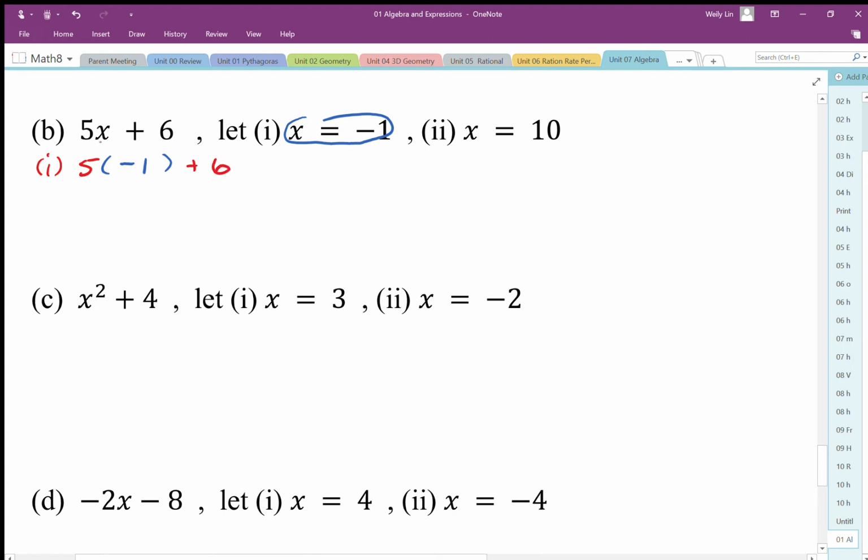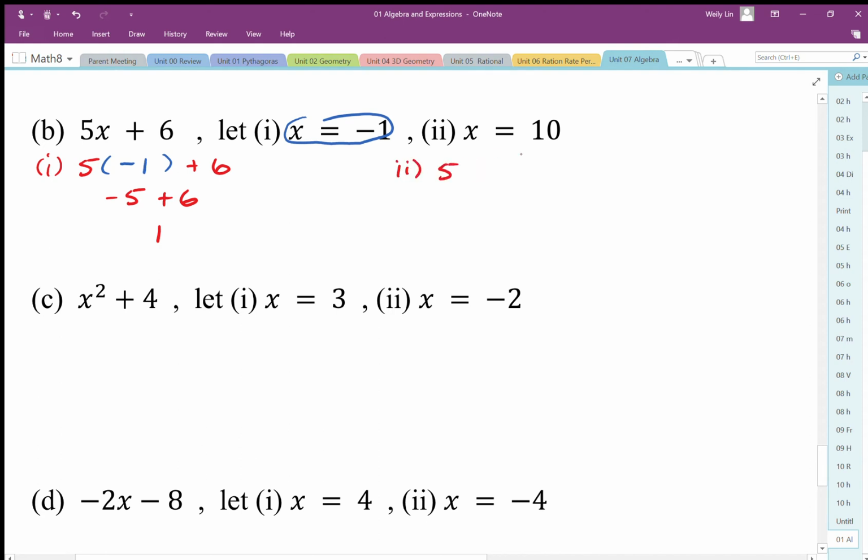So now I've got my variable expression. I've defined the variable as x equals negative 1, so then I replace the x with negative 1, and now I can do my calculation. So negative 5 plus 6, it's negative 5, I go to the right, I'm going to end up with positive 1. And again, I'm doing all my work vertically.